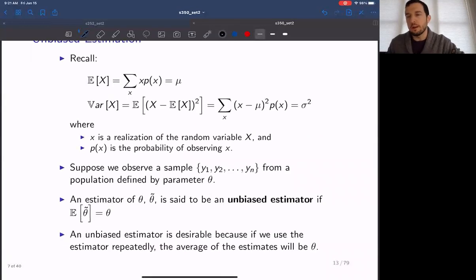Okay, so the two quantities that we are going to be most interested in computing are the expected value and the variance. Because again, if we can find an unbiased estimator, then all we have to do is determine which unbiased estimator has the smallest possible variance.